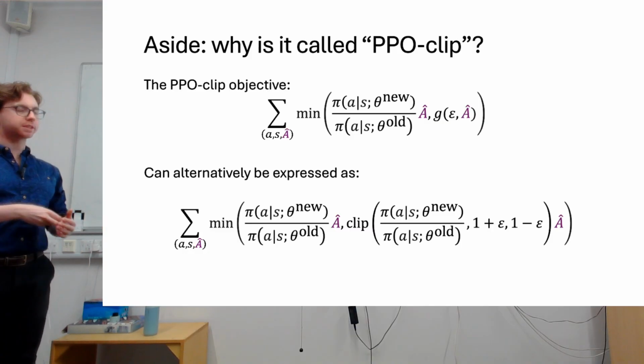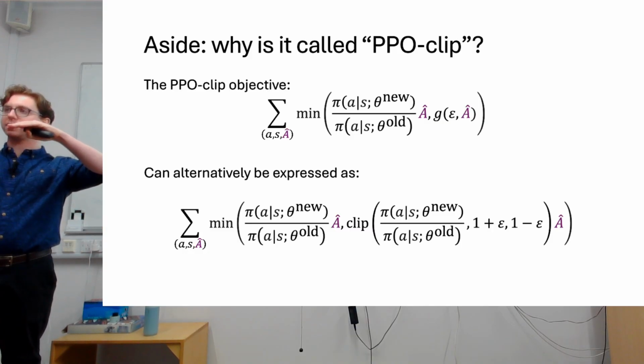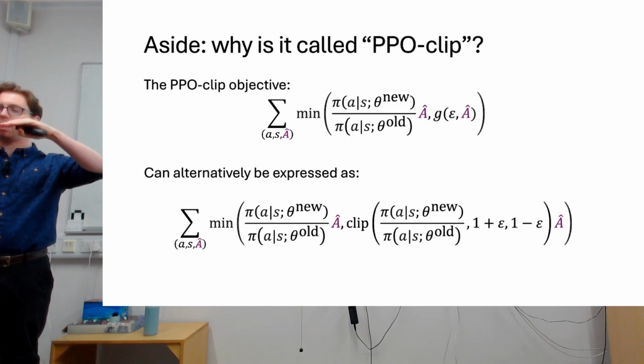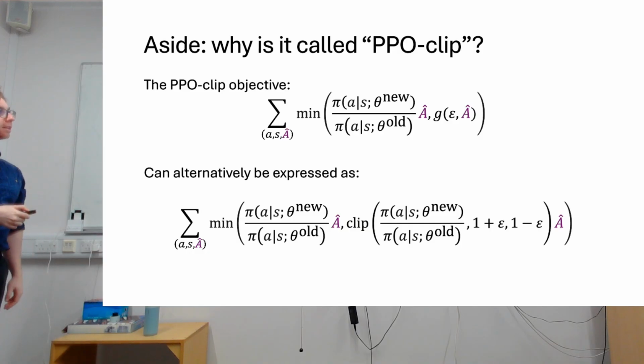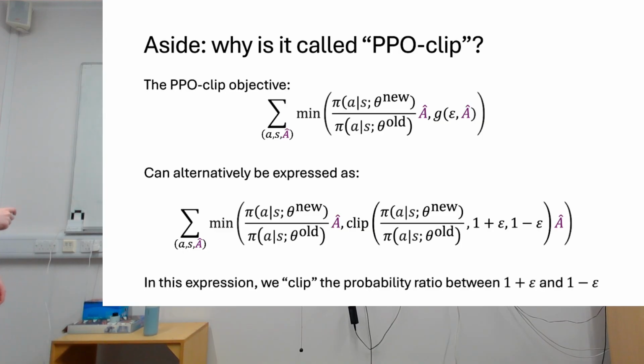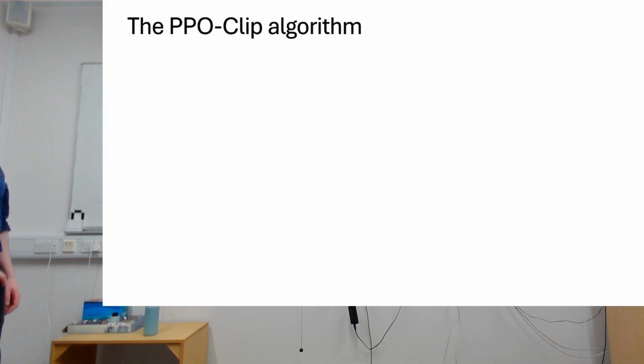So you take this probability ratio, when it gets above 1 plus epsilon, you clip down to 1 plus epsilon, and when it goes below 1 minus epsilon, you clip back up to 1 minus epsilon. These two things are equivalent, not going to run through the derivation. This form is, I think, slightly easier to understand, and this form is where the name PPO clip comes from.